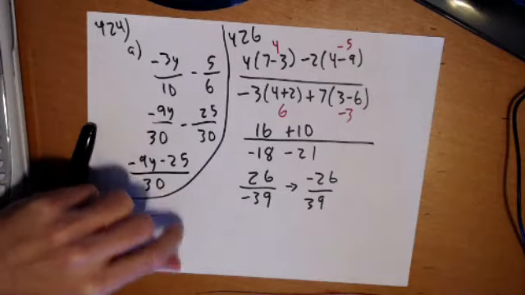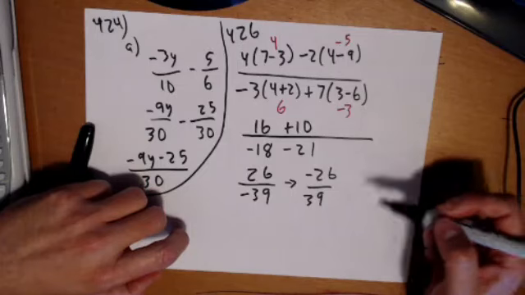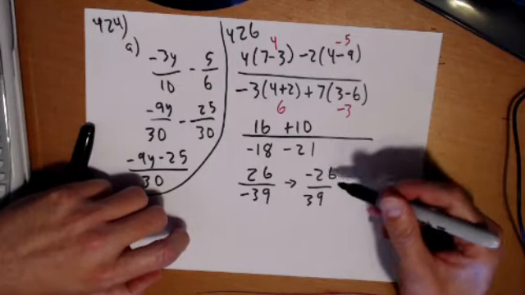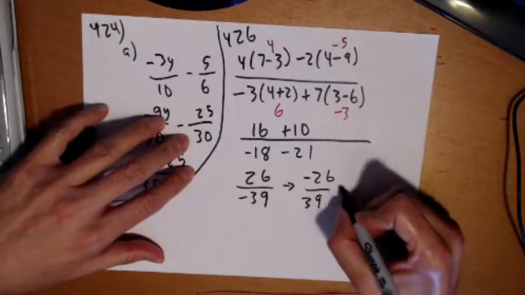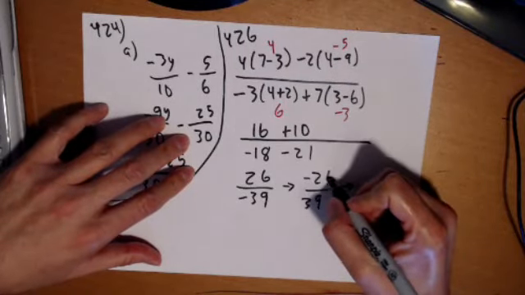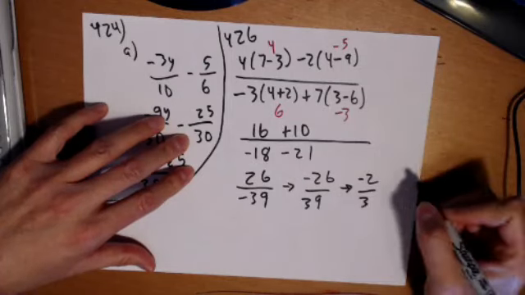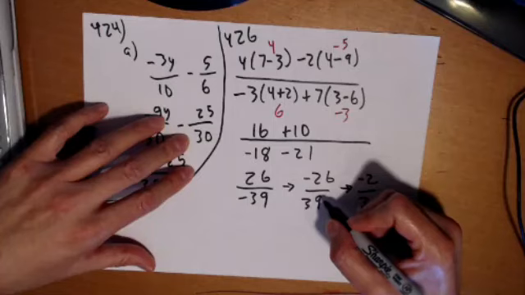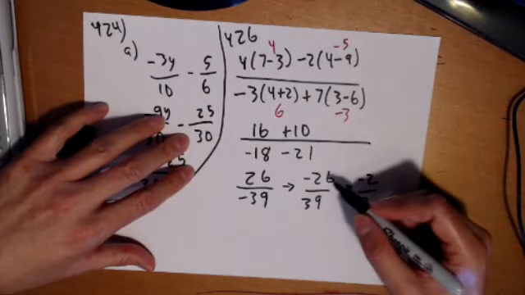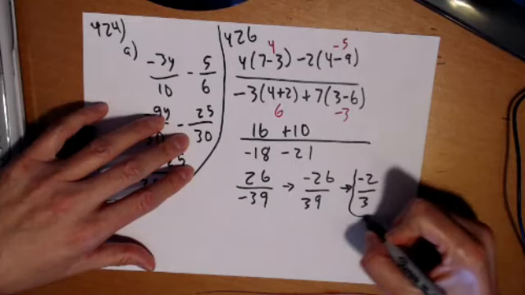Oh my gosh. 13 goes into both. 26 is 2 times 13, and 39 is 3 times 13. So divide by 13, you get a negative 2. Divide by 13, you get a 3. How did I see the 13? I guess you just keep doing your homework enough and you start recognizing things. So tricky.